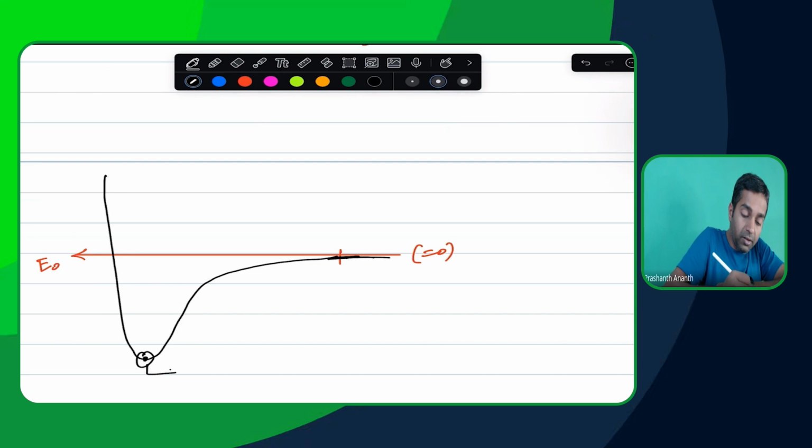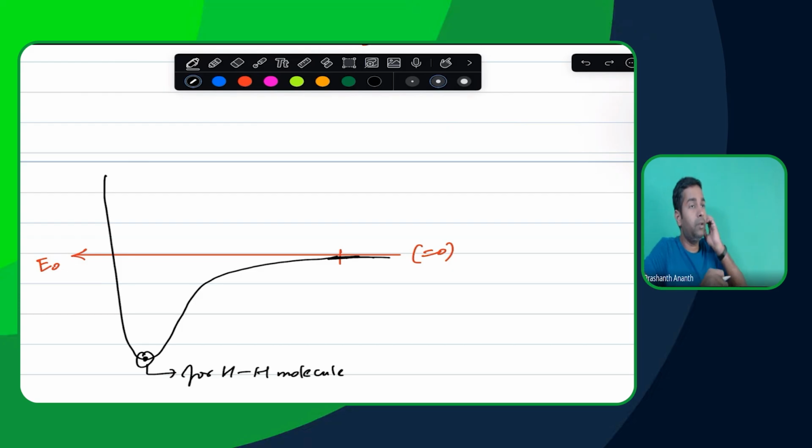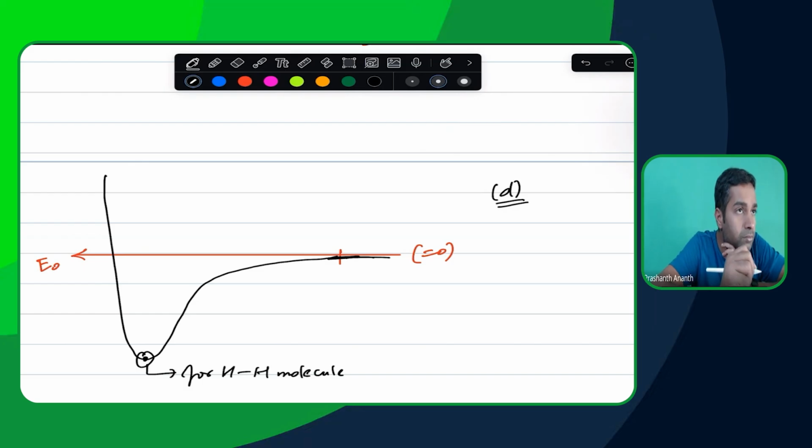And this is going to be for H2 molecule. And they're telling us D is going to be the distance. So in this particular case, we're going to be having hydrogen molecule. We are asked over here, 2 hydrogen atoms are basically interacting.